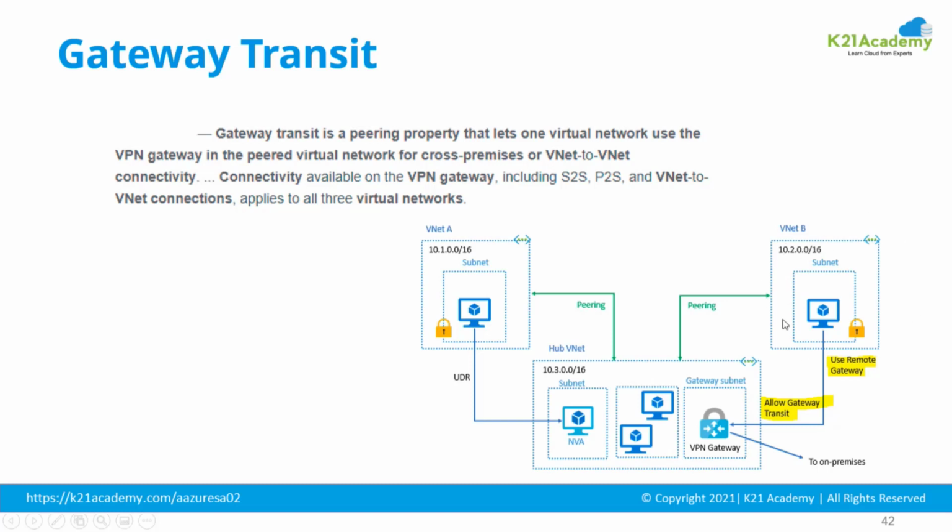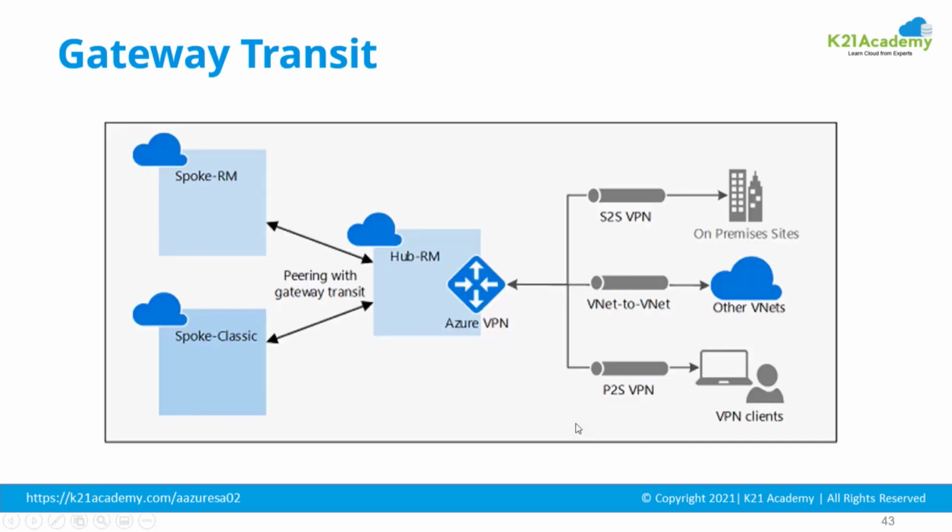So if this network is using transit, it can use this VPN gateway to go down. If this VNet is not configured with allow gateway transit, then the machines in this network can't use this VPN gateway because gateway transit is not allowed. So that's gateway transit. In this model, we have a hub which is connected to 2 spokes, and they can talk to your on-premise or other networks through the hub and spoke model with gateway transit.